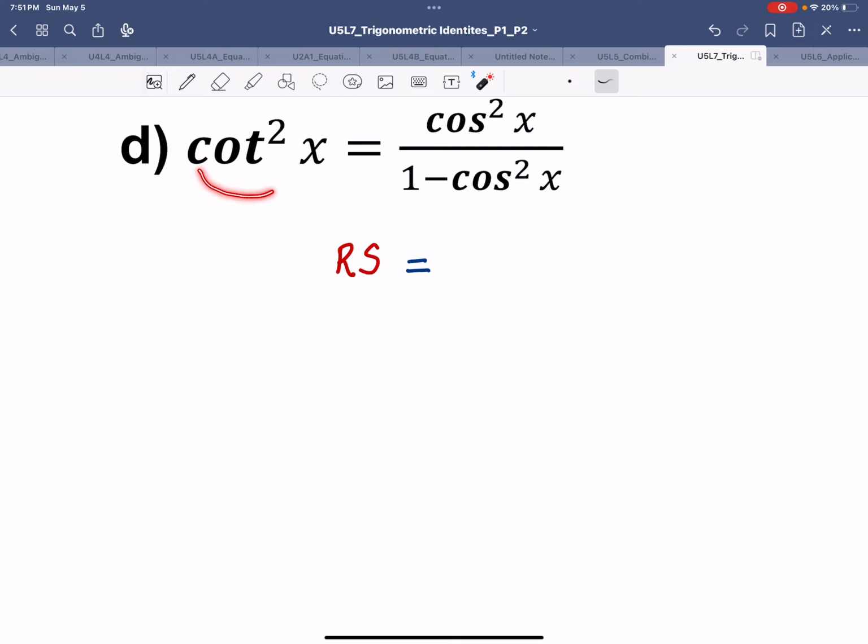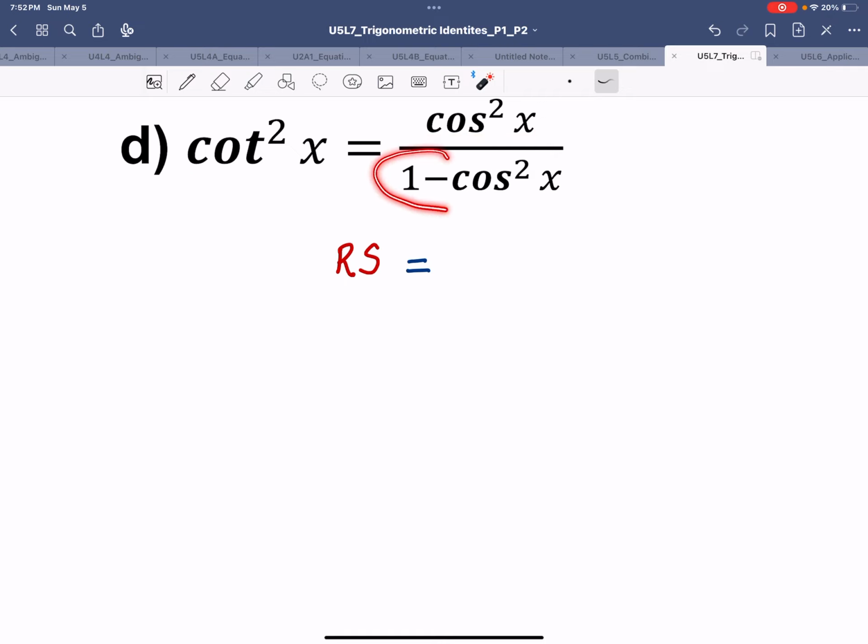Now, when you think about cotan squared, cotan is cosine squared over sine squared. So cosine squared is already in the numerator, so probably we're going to keep that in for now because we don't need to replace it by 1 minus sine squared. It's in the right spot because of the cotan.